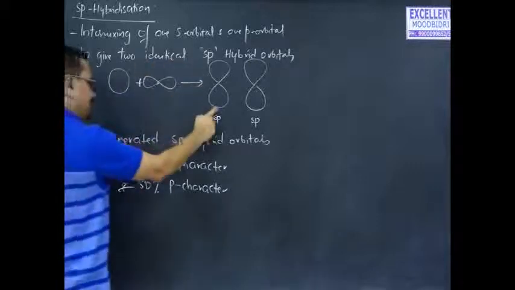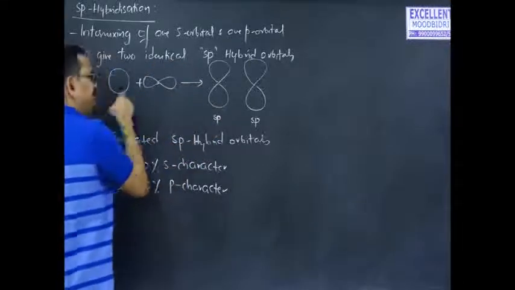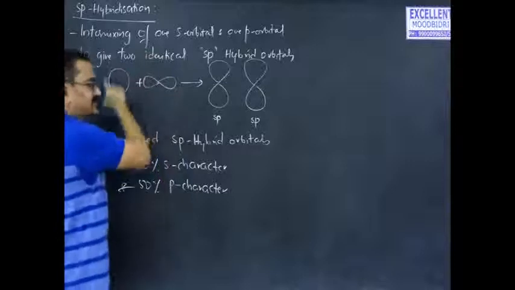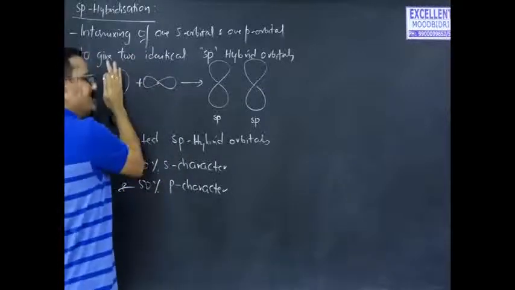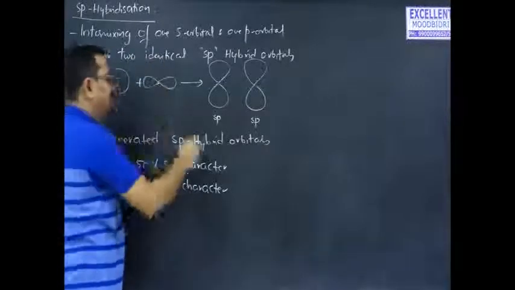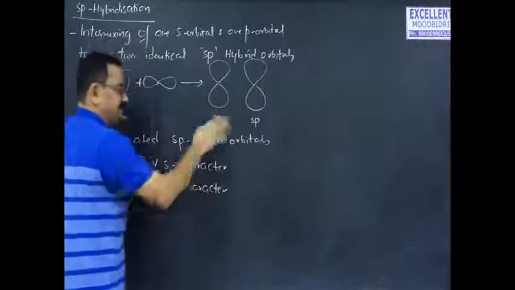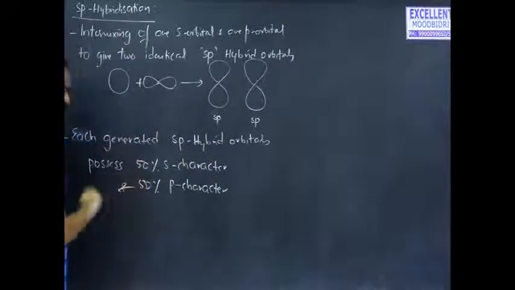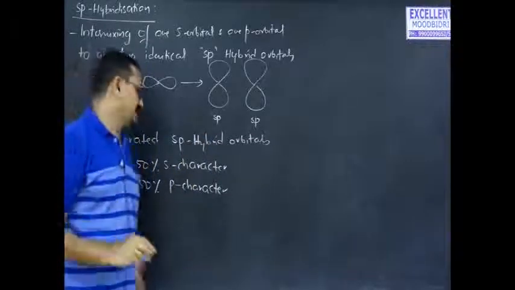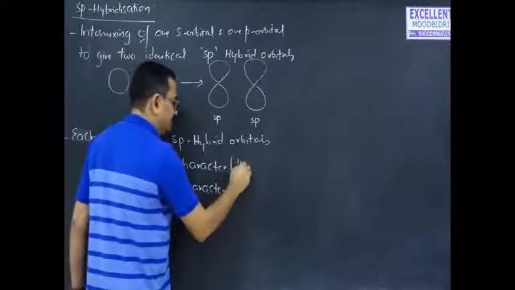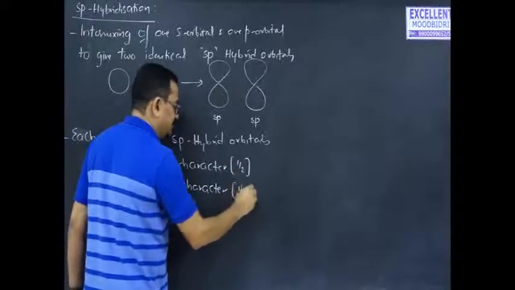Like this, the orbital is formed by s and p. Out of the total orbitals that are getting merged, half the probability is from s and half is from p. That's why each sp hybrid orbital possesses 50% s character and 50% p character, or we can take it as 1 by 2 s character and 1 by 2 p character.